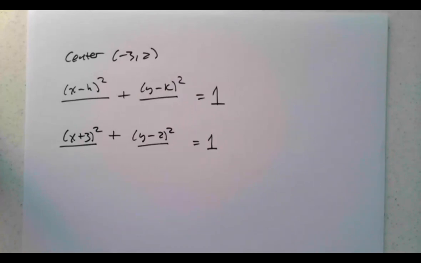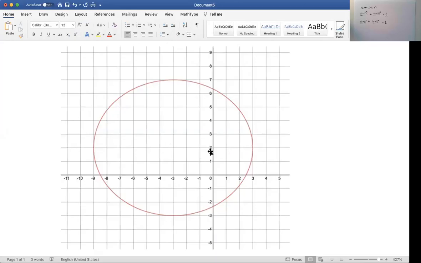Now, what about our vertices and our minor axis? Well, the vertices are along the major axis. So we have a vertex at 3, 2 and a vertex at -9, 2. So what does that tell me?